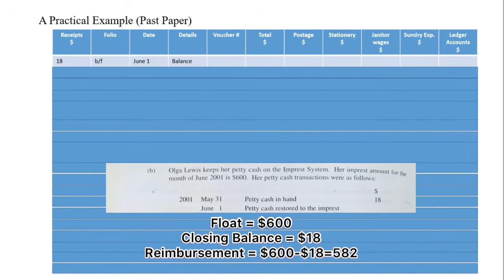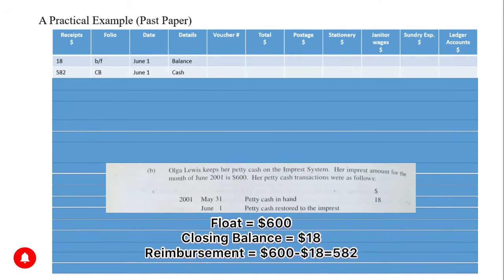Now, if we know that the float is $600, and the petty cashier has $18 remaining from that $600, then all we need to do is subtract the $18 from the $600, which is the float, to get the amount of money that the petty cashier actually spent in the month of May. And we get $582. So $582 is the amount that we now need to reimburse the petty cashier with at the 1st of June.